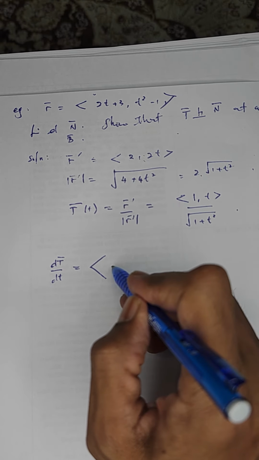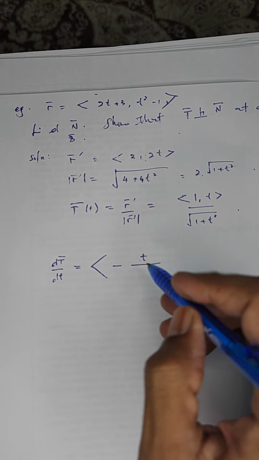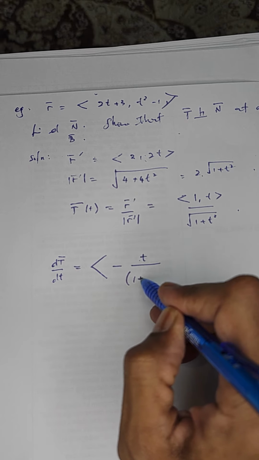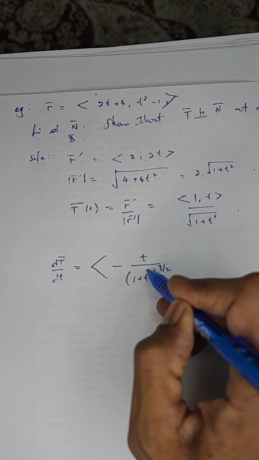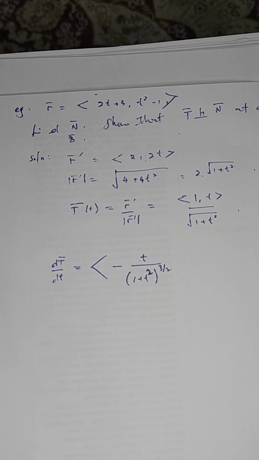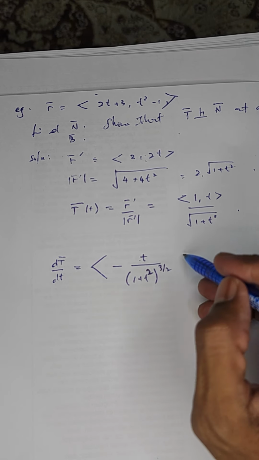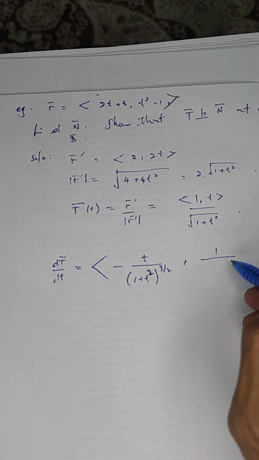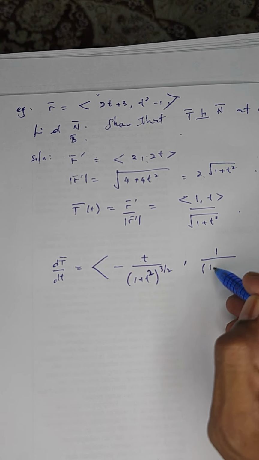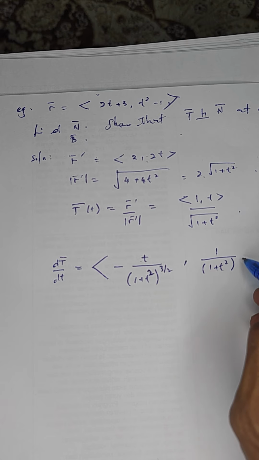This gives you minus t over (1 plus t squared) to the power 3/2. Please check. And then next we have 1 over (1 plus t squared) to the power 3/2.